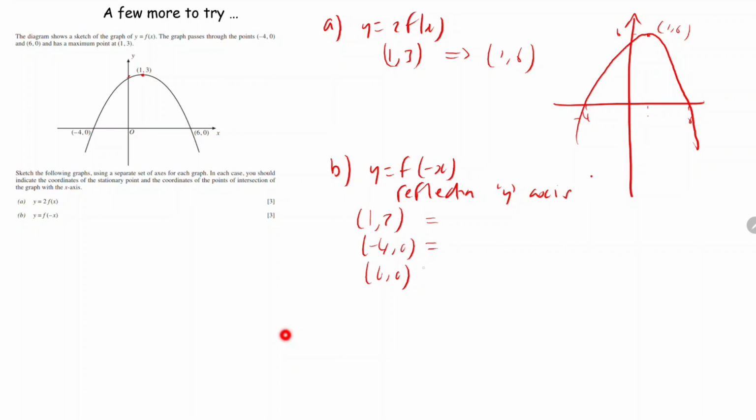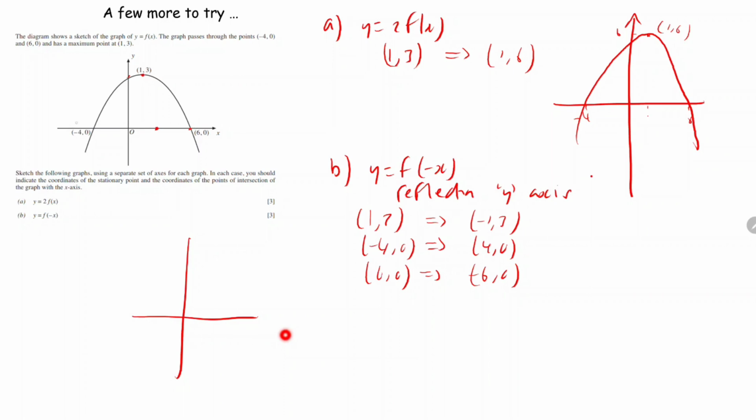And for that reflection, the x coordinates are going to change. It's going to become (-1, 3), (4, 0), and (-6, 0), which I will draw on the original graph actually. So this is going to go over to here.